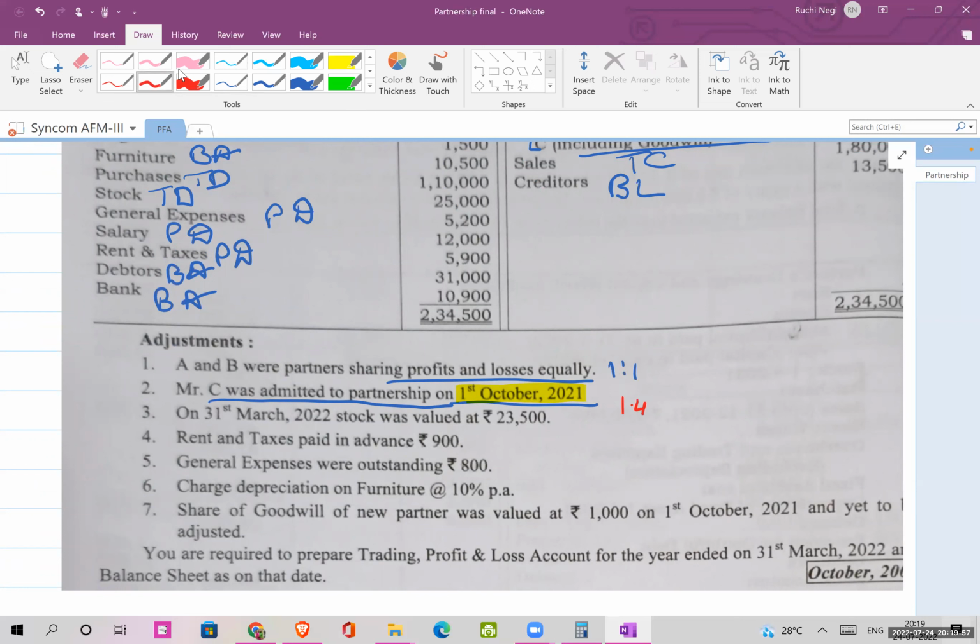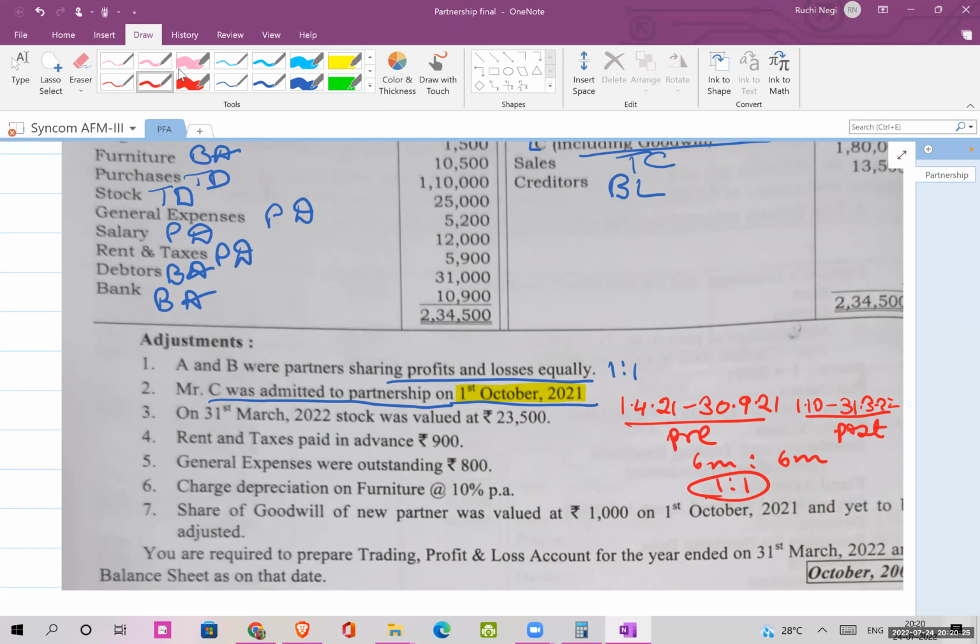So 1st April 21 से लेके 30th September 21 तक will be the pre period, and 1st October 21 से लेके 31st March 22 तक will be the post period. So April to September, it makes 6 months, and October to March will also make 6 months. So my time ratio is gonna be 1:1.